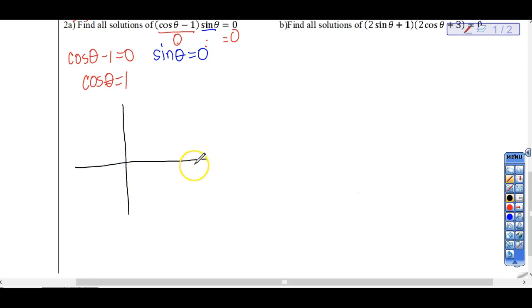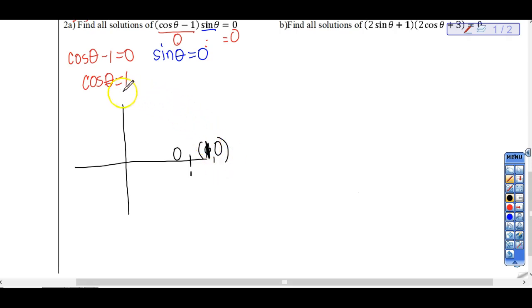So remember that cosine equals 1. How many times in one interval does the cosine wave peak at 1? Once. That's right. And cosine of theta is the x-coordinate, right? So if x equals 1, we're over here on the unit circle. So that's at 0 radians. So I'm at the point 1, 0.